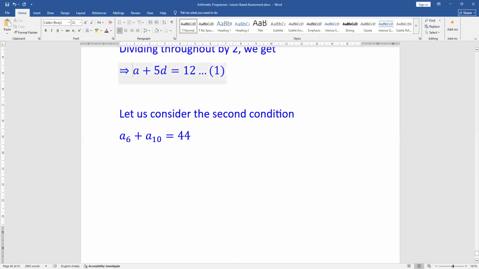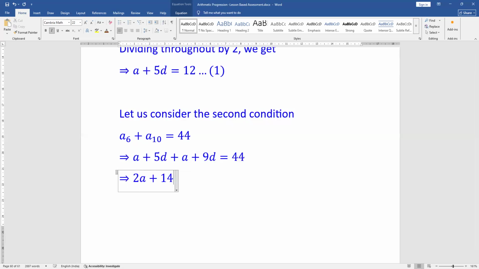A6 as I told you, we write as a plus 5d, plus A10 can be written as a plus 9d is equal to 44. Then in my next step, what is a plus a? It is 2a. We get 5 plus 9 is 14, so 14d equals 44. Here, this 5d and this 9d, when added, give 14.